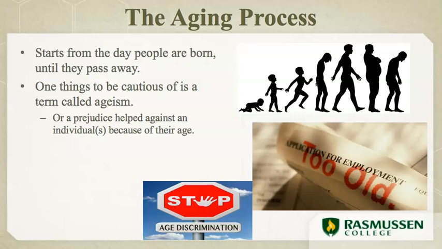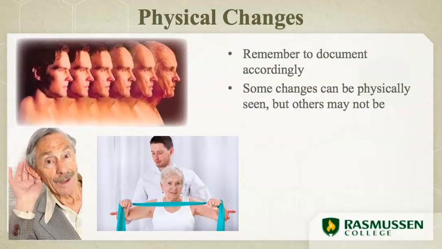Another topic that we need to discuss is physical changes that happen with aging, and they relate to each and every body system that we have. When you are rooming an elderly or older patient, you must document accordingly and report your observations to the physician for immediate evaluation.